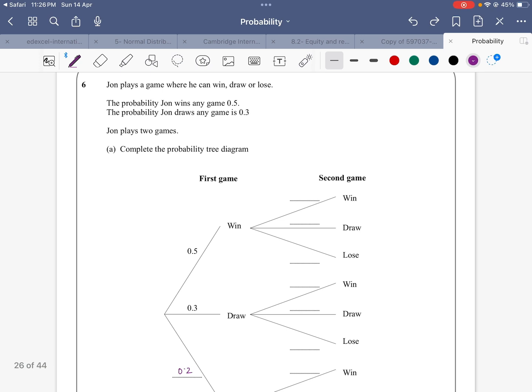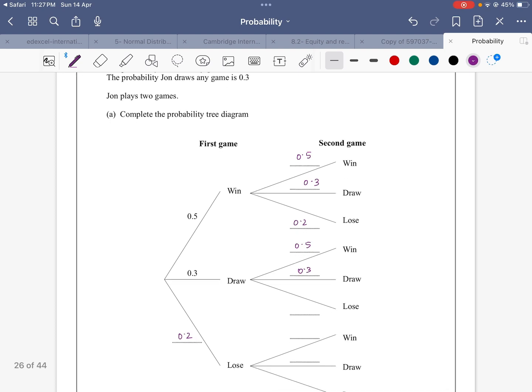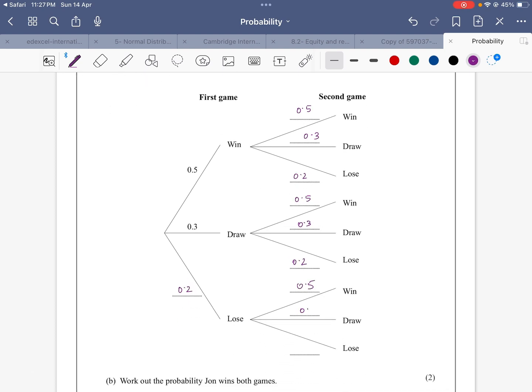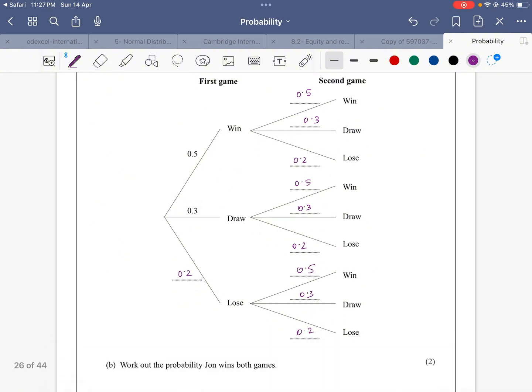Okay, winning the game 0.5, 0.3 draw, lose 0.2, again 0.5, 0.3, 0.2. Work out the probability John wins both the games.